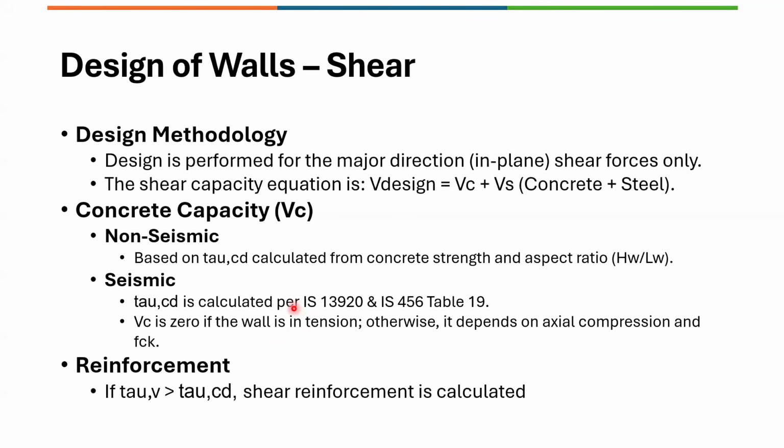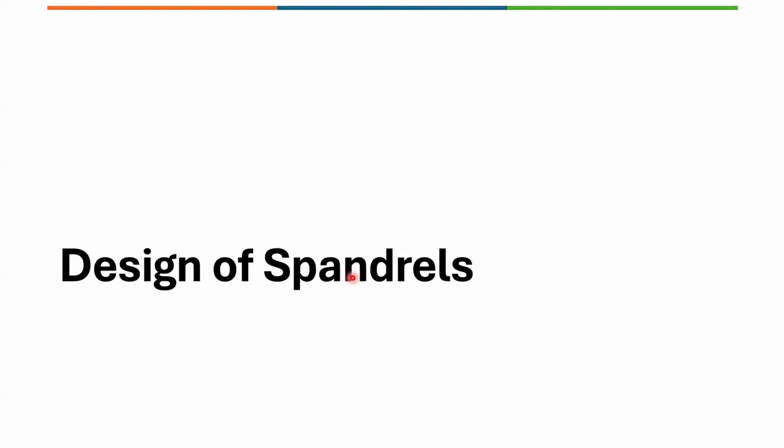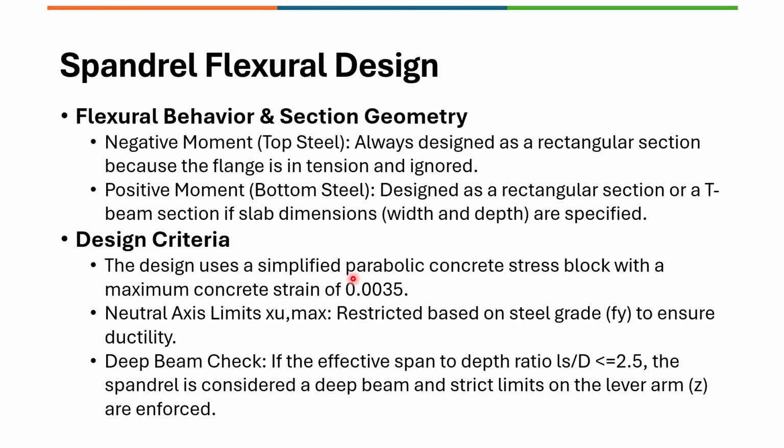So tau V minus tau C, for that difference, you'll calculate the shear reinforcement as usual. The procedure is explained in detail, but I just want to highlight the key points here.